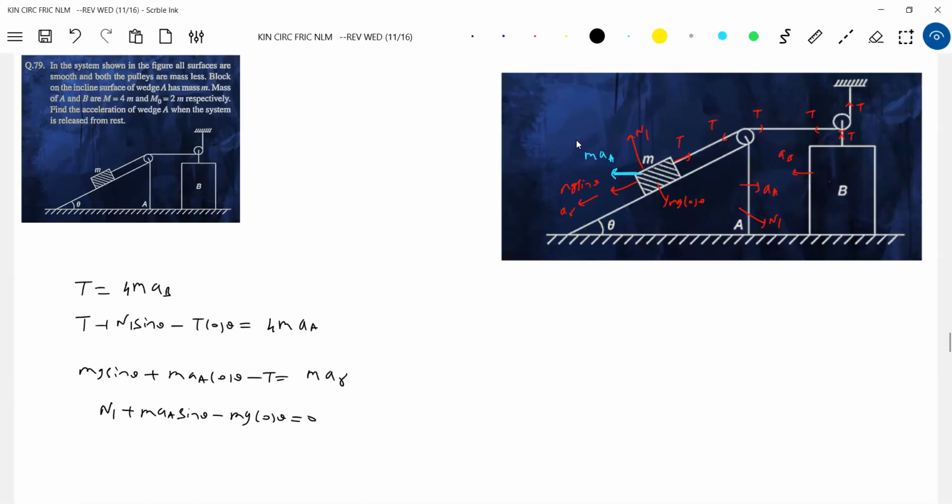So what is the constraint equation? It will be XR and this will be XAB. So if you write the equation, AR should be equal to, now why should it be positive? Because they are having displacement in opposite directions. Or if you want to start from the beginning, the overall length of the string will remain the same.